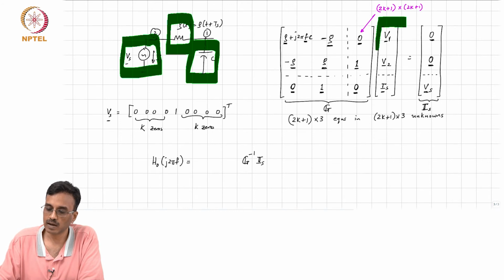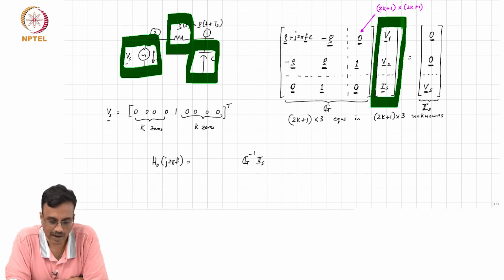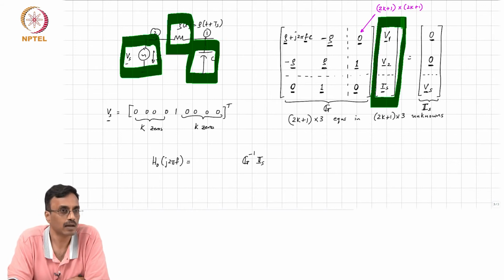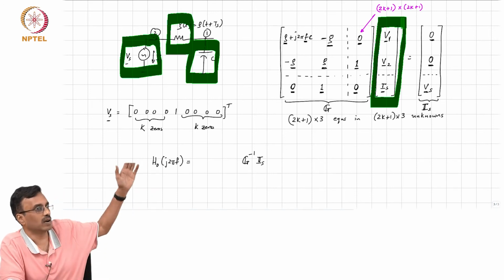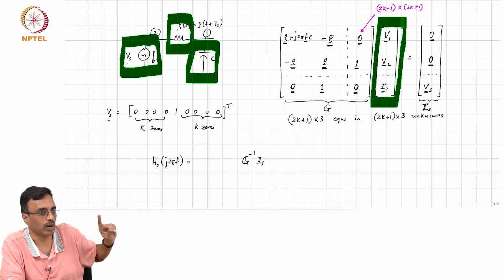And what will that give me? It gives me this unknown vector which has got 2k plus 1 times 3 numbers, but which number am I actually interested in? I mean, this gives me a ton of numbers, right, but I am only interested in one of them. Which one?